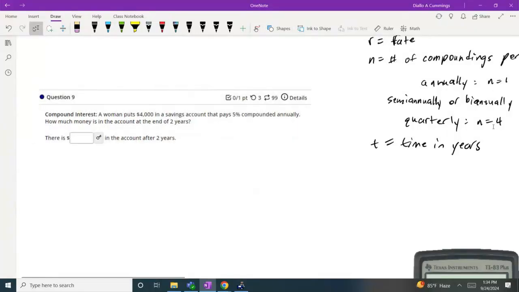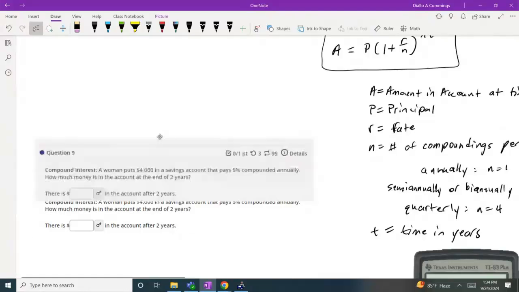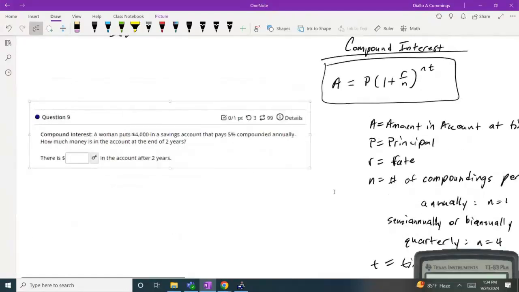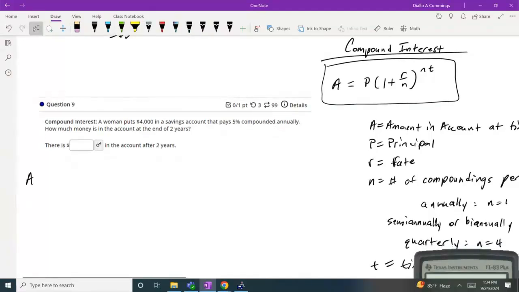It says compound interest, so we know we're using that compound interest formula. A woman puts $4,000 in a savings account that pays 5% compounded annually. How much money is in the account at the end of 2 years? So we're going to use the compound interest formula: A is equal to P times 1 plus R over N, raised to the NT.